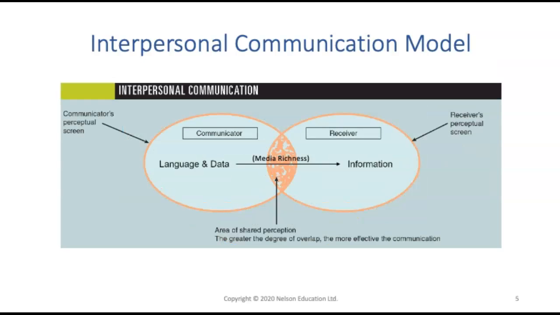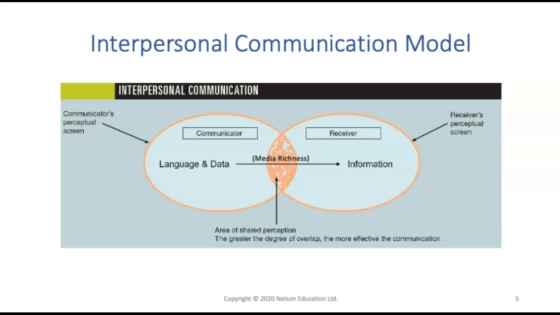Okay, so more with the model. This is really interesting. There's something called perceptual screens, and they are subconscious filters through which we interpret the world, right? You have to understand our brain is not a recorder. It is not like when you pull up your phone and record a video of someone, which is completely accurate. Our brain perceives information.